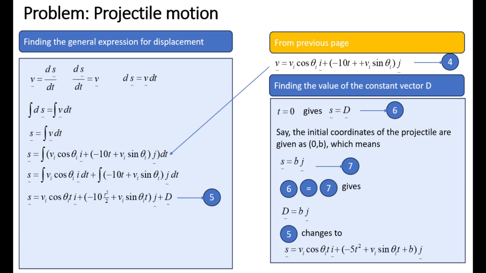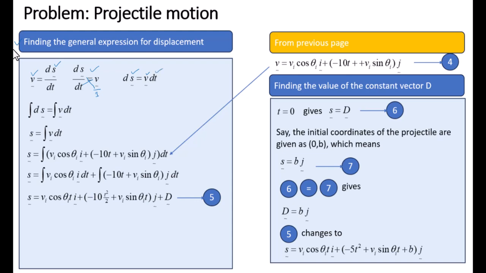Great. So we are now at the second step of finding the general expression for the displacement. Velocity is the time derivative of the displacement. We can write it like this. Rearranging the terms, ds by dt will be equal to the velocity. Using similar logic as before, if I cross multiply, then ds will be equal to v times dt.